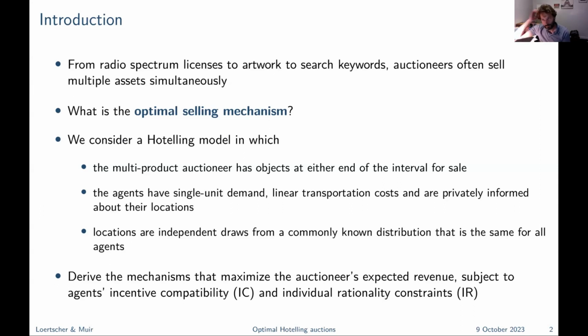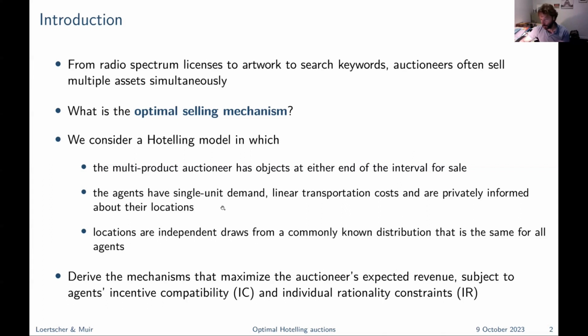Consumers, buyers have single unit demands and draw their location on the unit interval from some commonly known distribution, which is the same for all the agents. And they have linear transportation costs, that is common knowledge, as is the whole payoff structure.